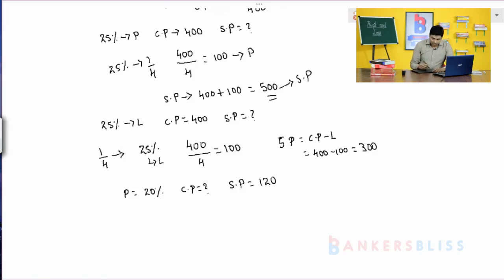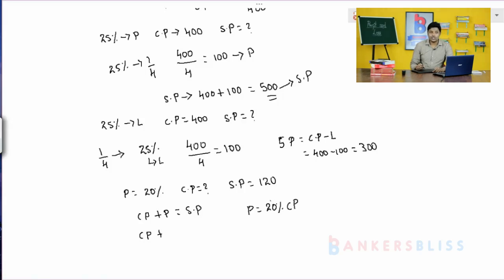Okay, so cost price plus profit is equal to selling price. Cost price we have to calculate, plus profit. What do you mean by profit? Profit is 20%, that is calculated on cost price.